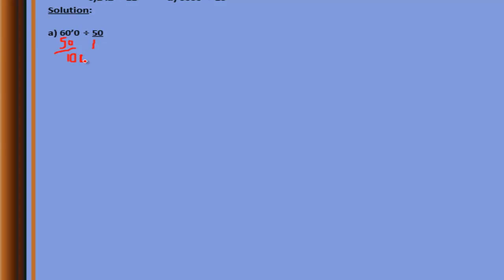We take this 0 here. 100 divided by 50 is 2. 2 times 50 is 100. Then the answer is 12.